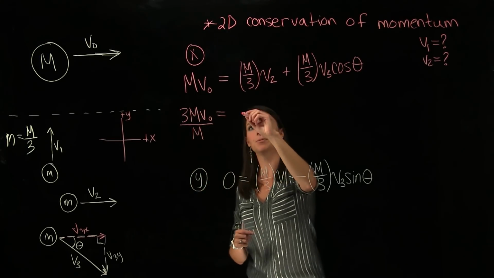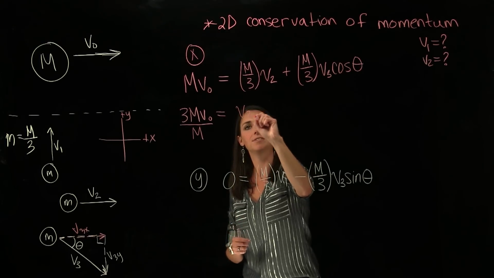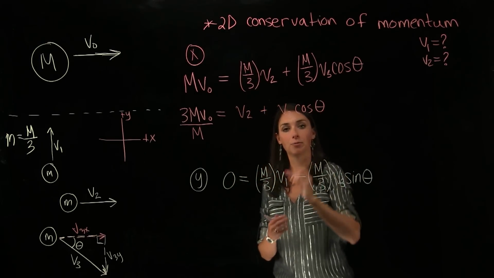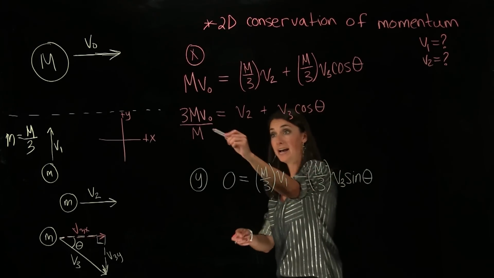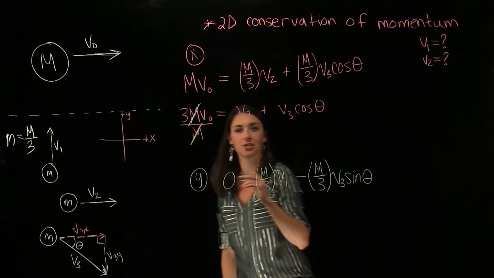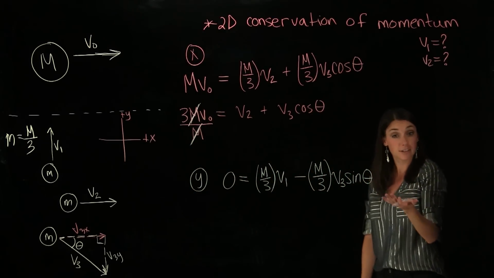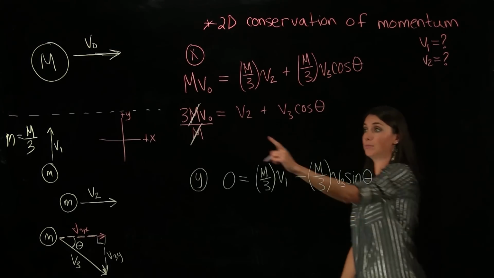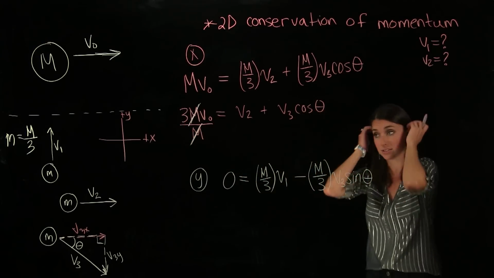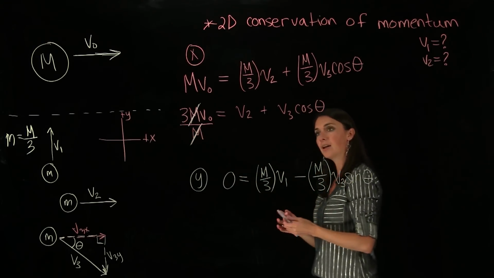And then that leaves me with v2 plus v3 cosine theta. And we notice here that the mass portion ends up canceling out. So we don't really need to know exactly how large the substance is, but we just need to know that it splits into 3 equal pieces. So that's kind of helpful there.